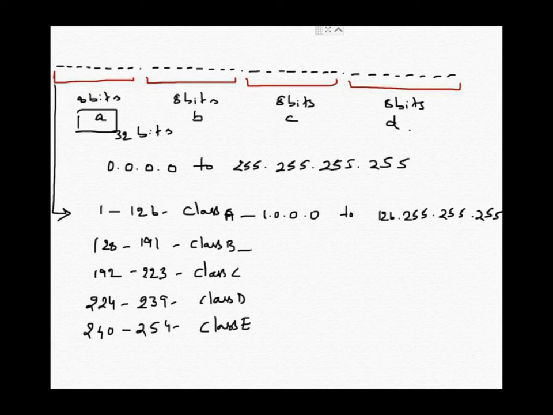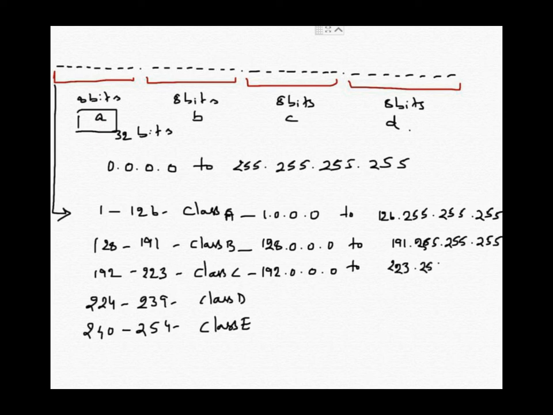Class B address range is from 128.0.0.0 to 191.255.255.255. Class C address range is from 192.0.0.0 to 223.255.255.255.